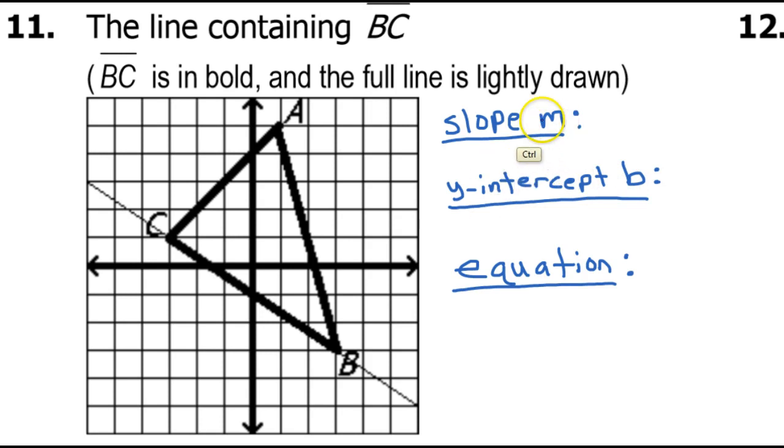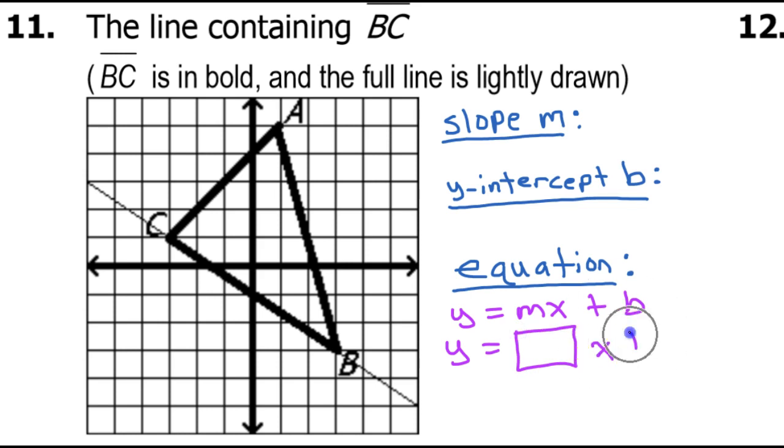First we find the slope, then we find the y-intercept, then we can write the equation, because the equation, using the model y equals mx plus b, of course, becomes y equals something x plus something. And then we just substitute in the m and the b.